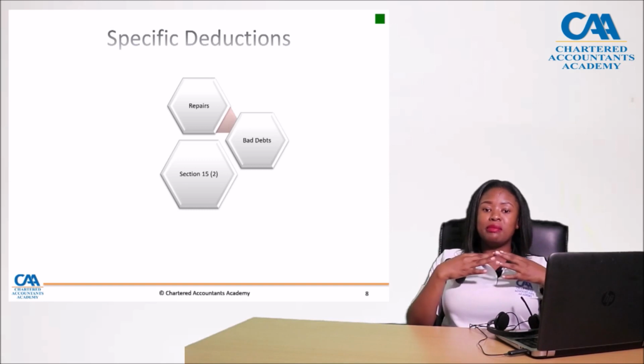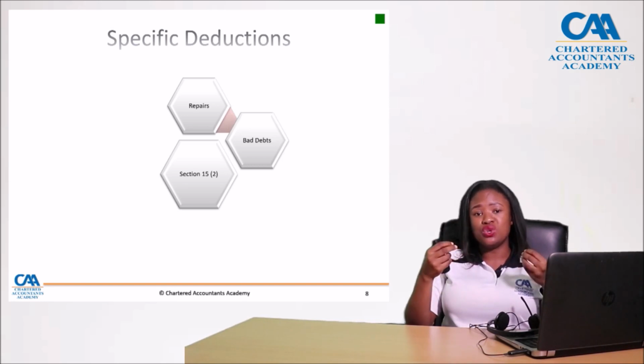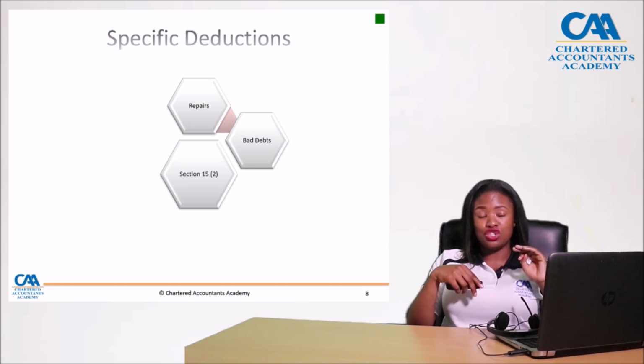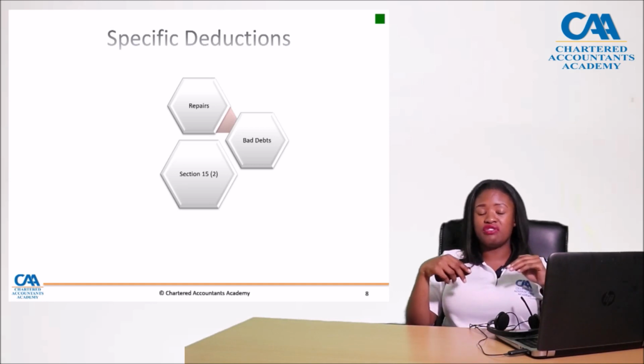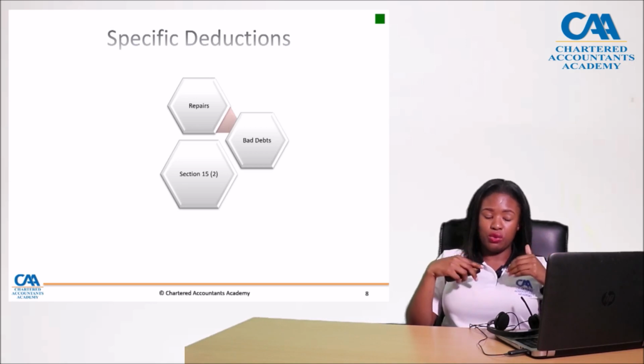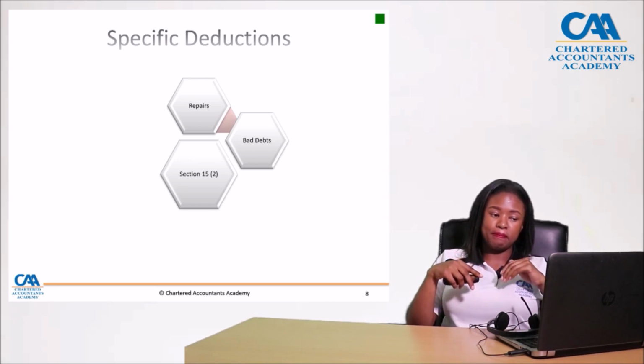So ideally, if maybe a debt is 3 years old or something like that, then we can assume that it has become bad. So these are the main requirements that should have been met before you deduct. So even if you're doing a calculation, ask yourself, has this debt met all the requirements? The scenario will try to be as clear as possible, although not giving it away that something is indeed bad.